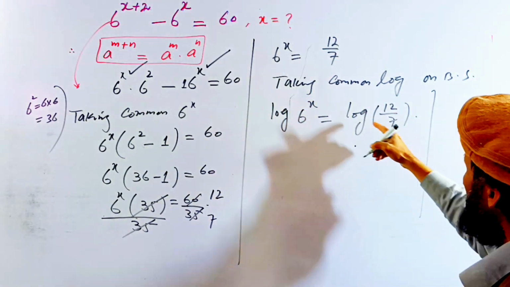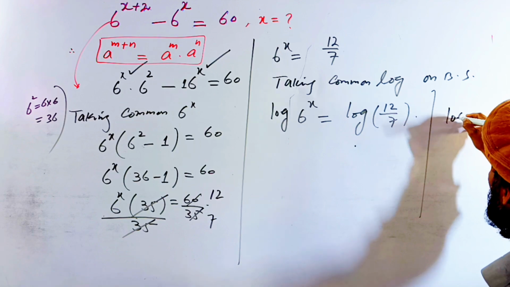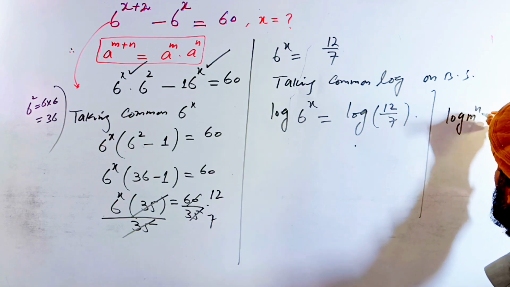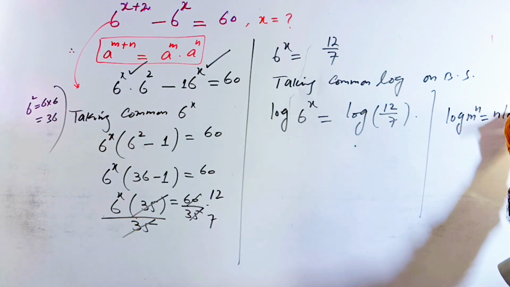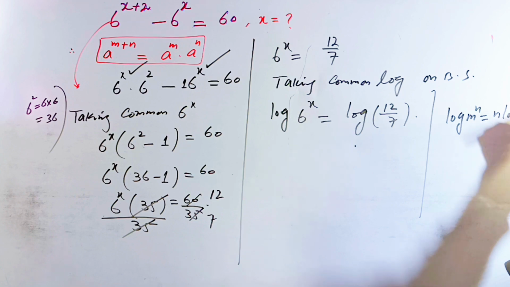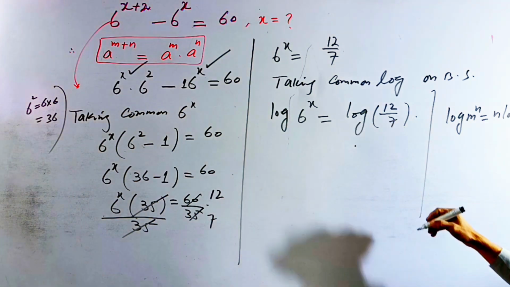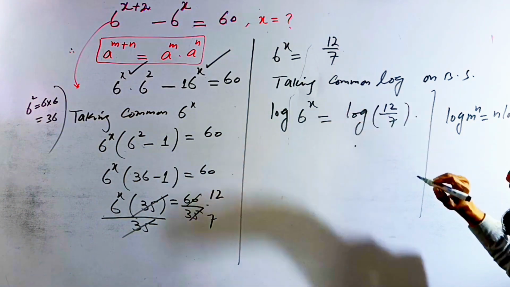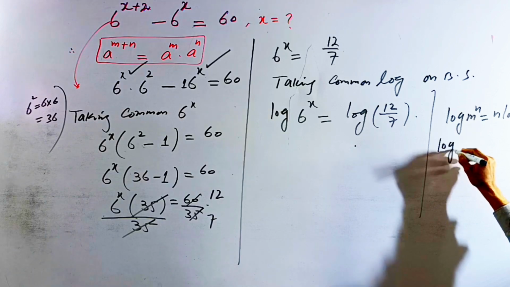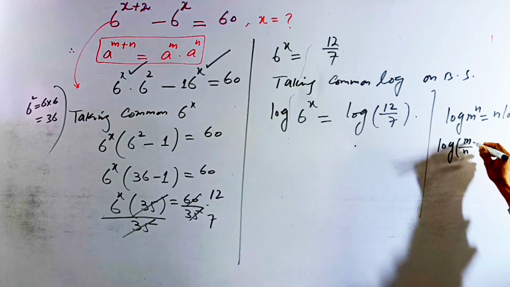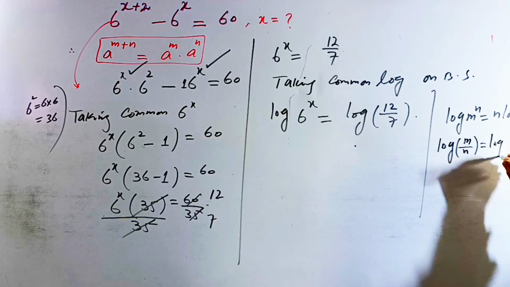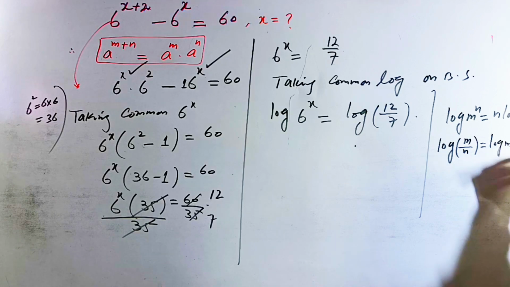According to the rule, log of m power n is equal to n log of m. Similarly, log of m divided by n is equal to log of m minus log of n.